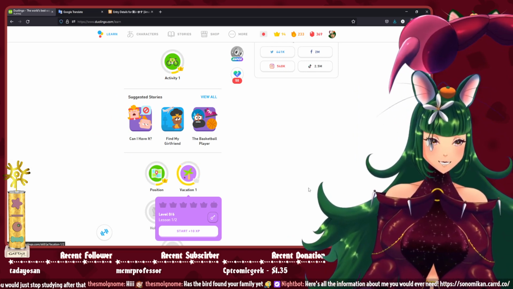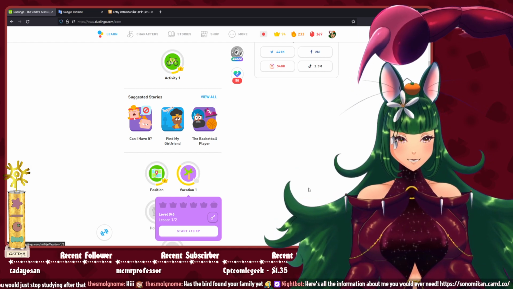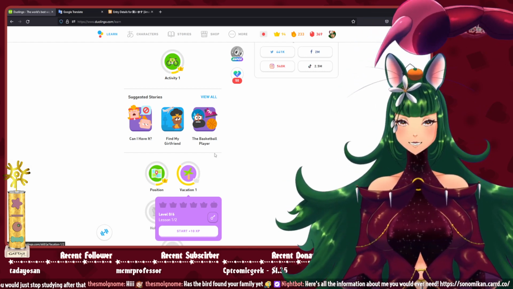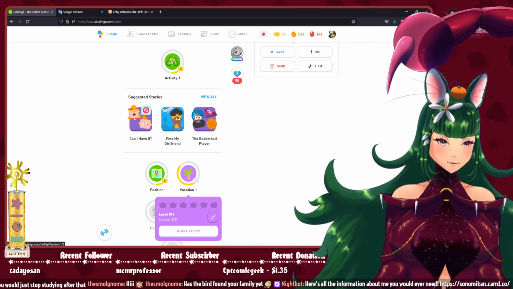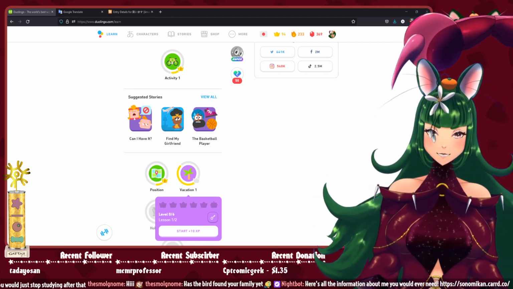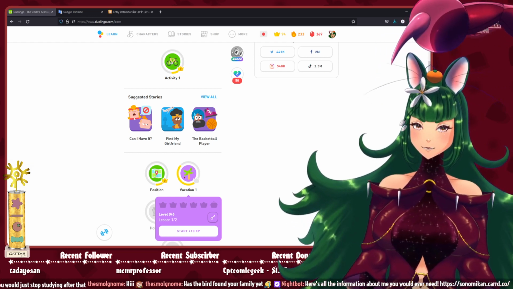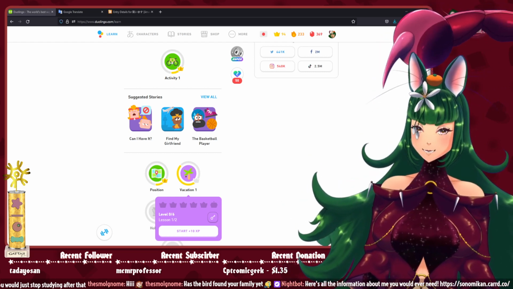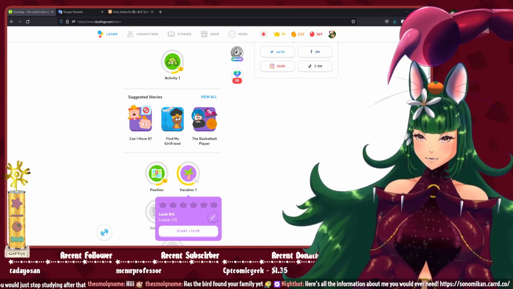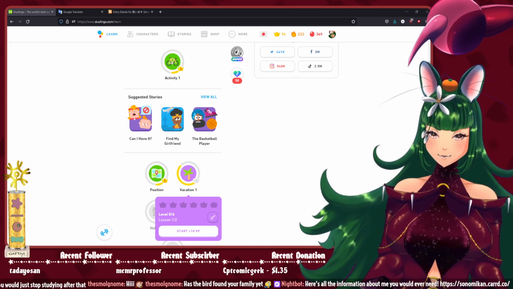Okay, let me look at my buttons. Let me see what's up with my thing. It's broken. Hold on. It's not broken. It's sometimes my Stream Deck will just not respond.